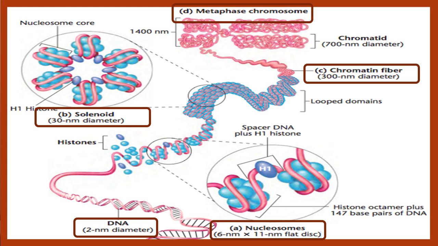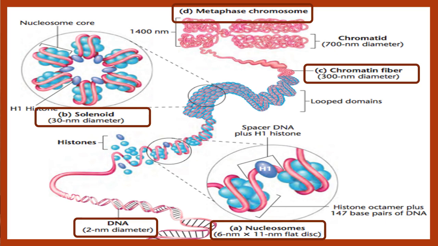These nucleosomes are arranged around a hypothetical axis, wrapped around the axis. This is called the solenoid structure. So the diameter has increased from DNA, which was 2 nanometer, to the 6 nanometer nucleosome. Then the 6 nanometer nucleosome gives solenoid structures whose diameter is 30 nanometer.